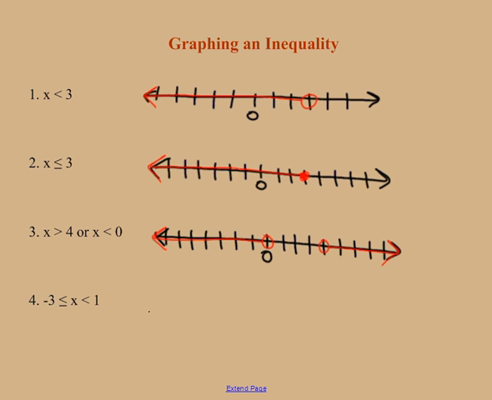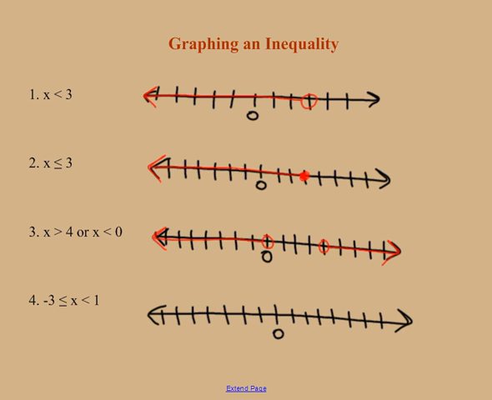And number 4, our last example here. All right, so in this case, we have to read this inequality correctly. We always start with the variable that's in the middle, and we read it from the middle to the outside.